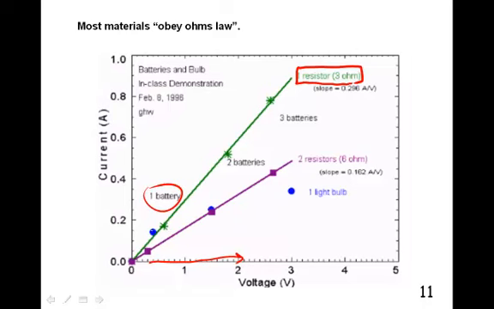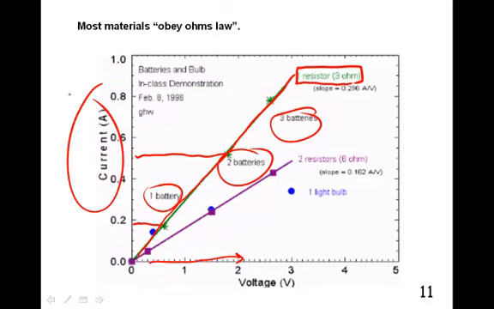They had one battery and they got about 0.19 amps. Then they had 2 batteries and they got about 0.5 amps. So as they increase the voltage on this resistor, the amount of current that they observed increased proportionately.